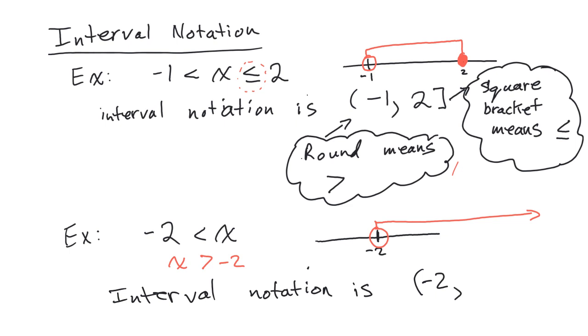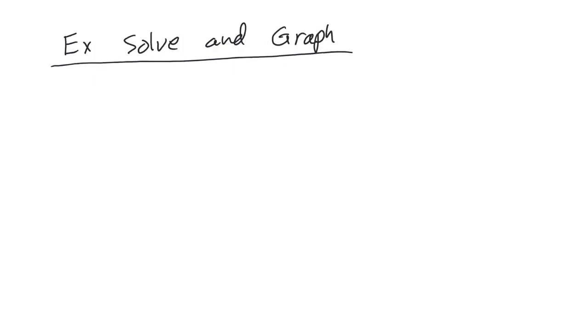But in order to show that it goes on forever, we know that its endpoint is infinity. So it never quite reaches infinity, but it will go on forever. Does that make sense? The reason why it looks like this, with the second bracket opening up, is because infinity never has an endpoint. So now let's go and do some simple math that deals with solving and graphing.